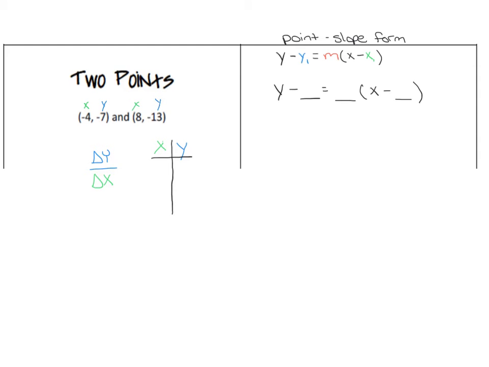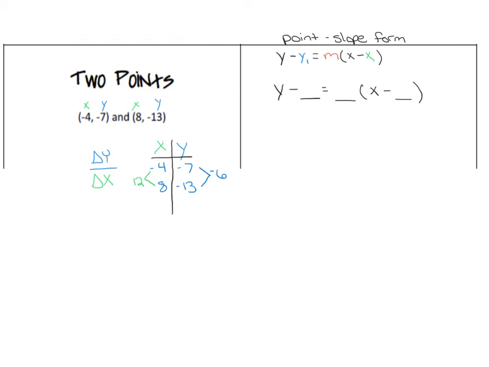So I would put -4 and -7, 8 and -13. So my y's went down by 6, because to go from -7 to -13 went down. And my x's went up by 12.